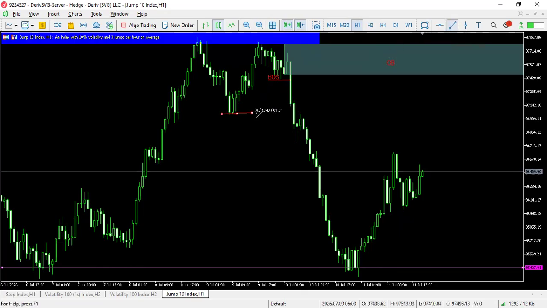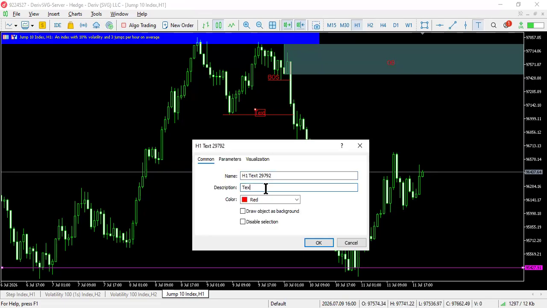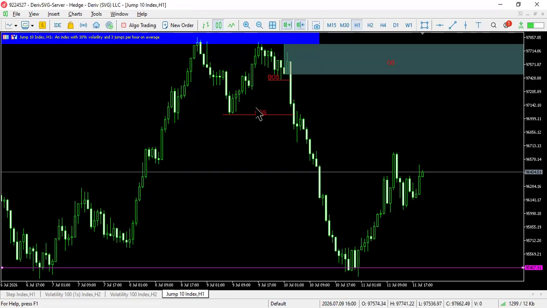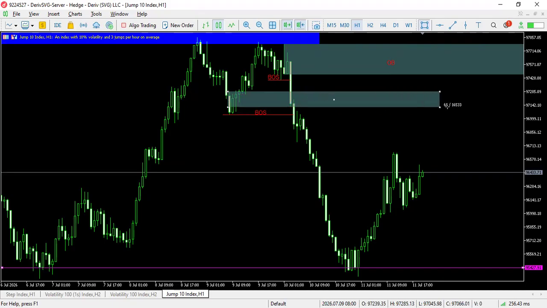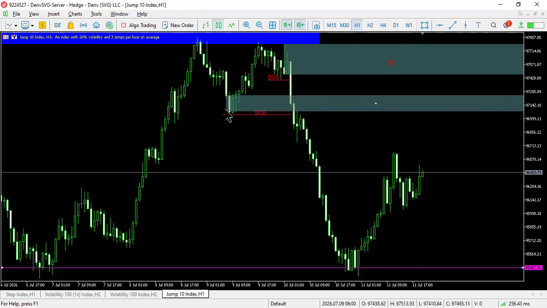And then we also have this general break of structure. We have that general break of structure. And then we also have an order block right there.